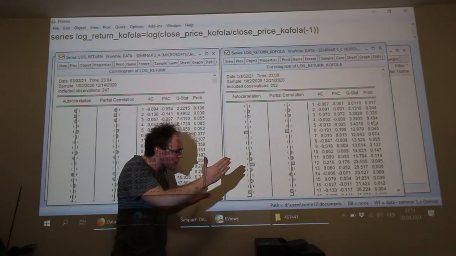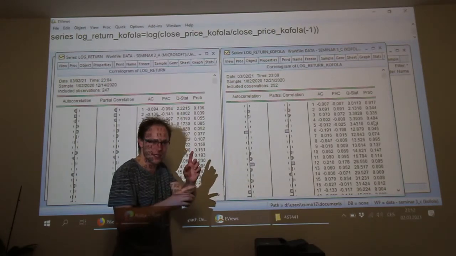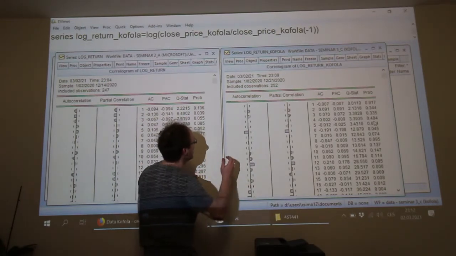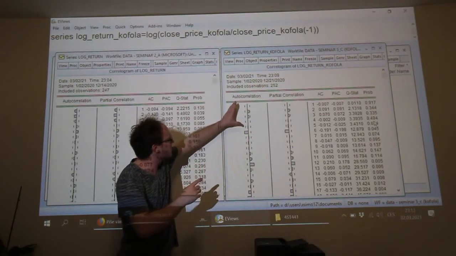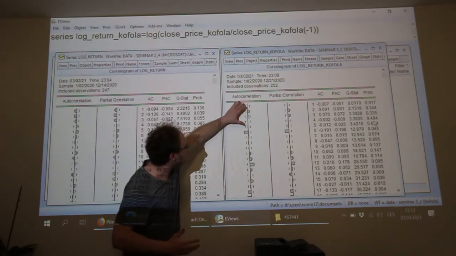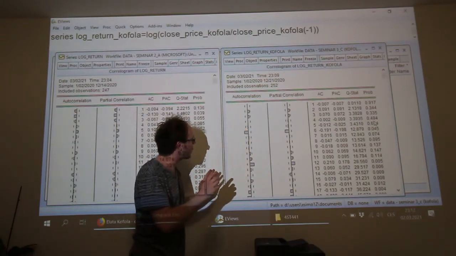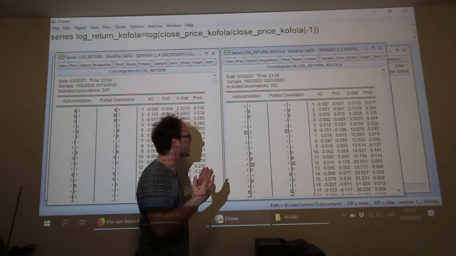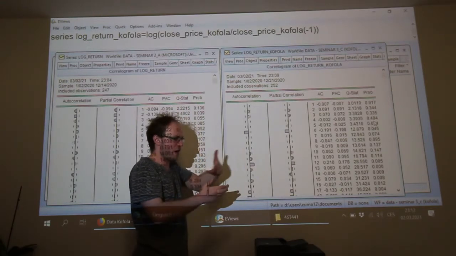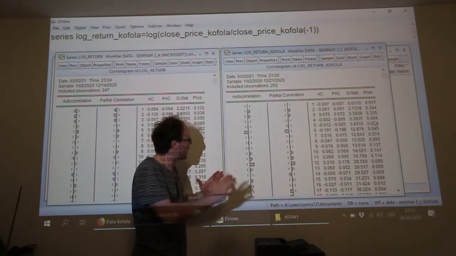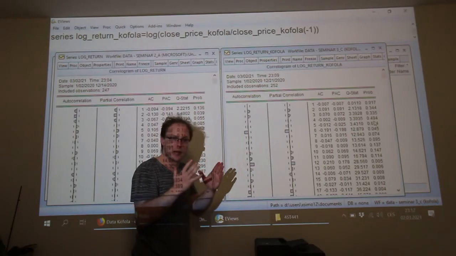So if this correlation coefficient is significant at 5% significance level, it is higher, either on the right side or left side, it doesn't matter, than this toleration bound. You can see that in most cases these coefficients are not higher than this bound. So it means that they are not significant at a 5% significance level. But we will speak about this significance later.